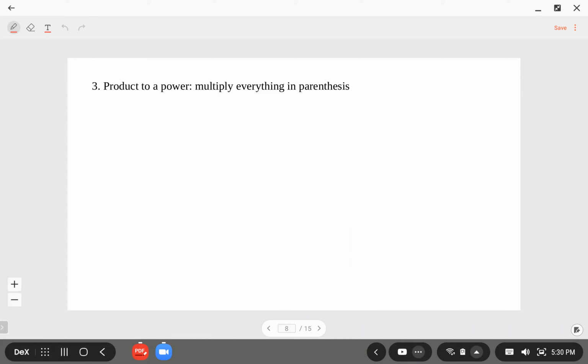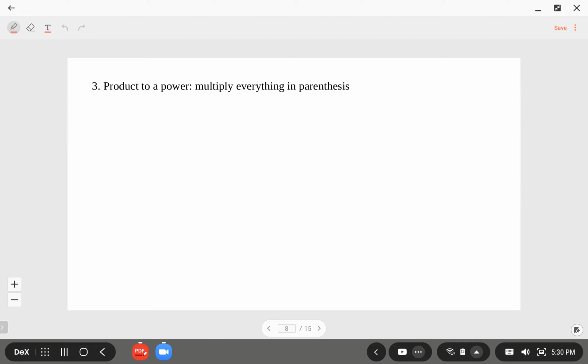And here we have our next property. So first, let's do product to a power. In this one, you multiply everything in the parentheses, and you'll see what I mean by that in just a moment.